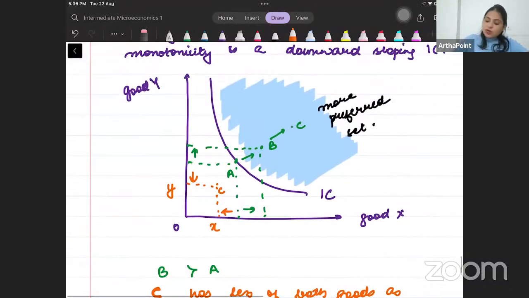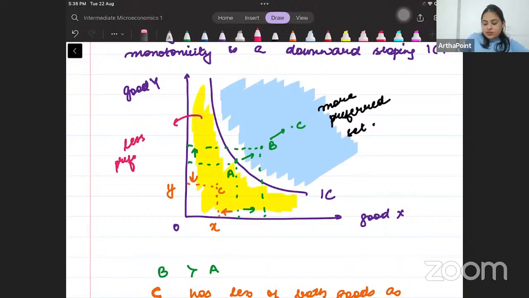So on very similar notice beta, all this region is called as the less preferred set.